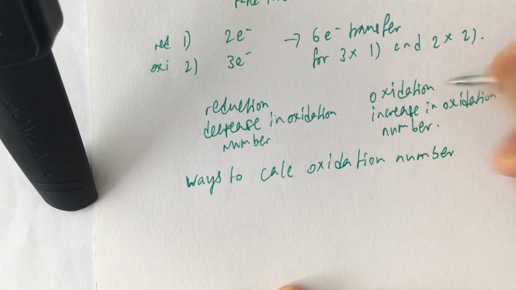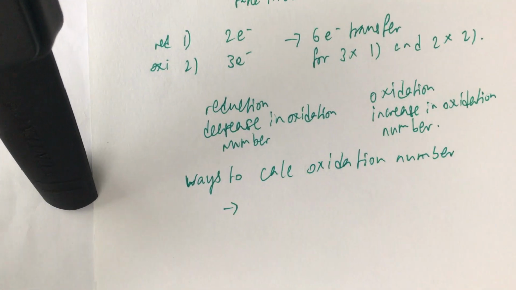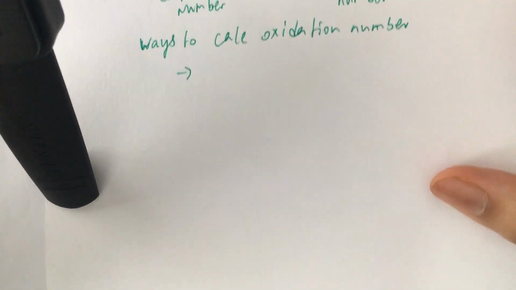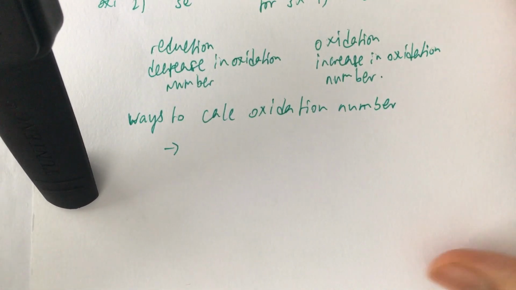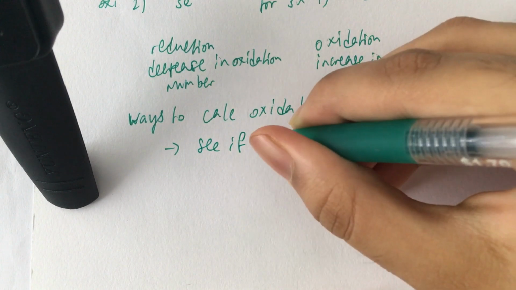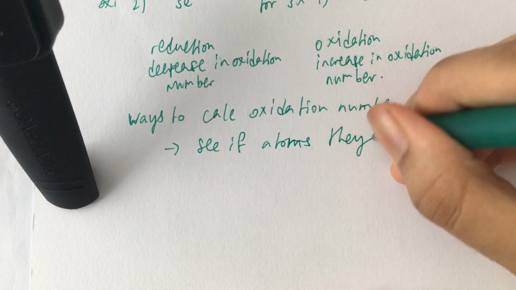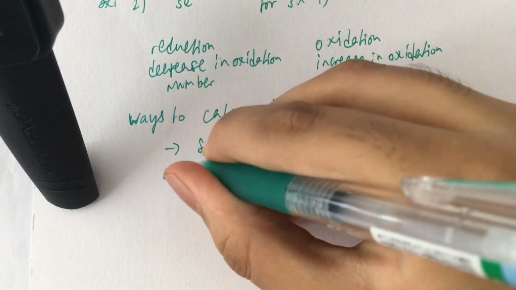If they are more electronegative, you assume the electron density is towards the outside, so the middle atom will have a positive oxidation state. If it's the other way around, then it will have a negative oxidation state.